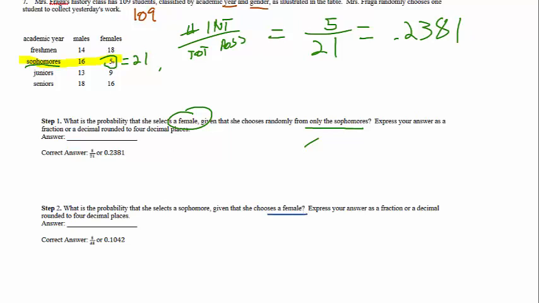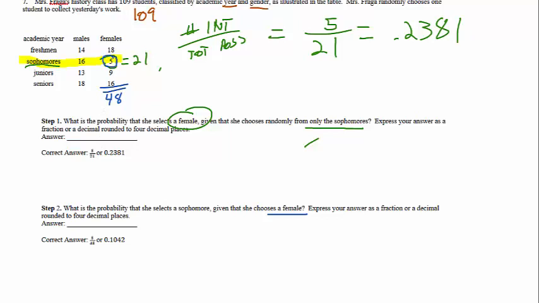So I'm going to add up all these females. 18 plus 5 is 23, and 9 is 32, and 16 is 48. So there's 48 total females. Remember, she's going to choose a female first, and only from the females is she going to pick a sophomore. Well, how many sophomores are there?